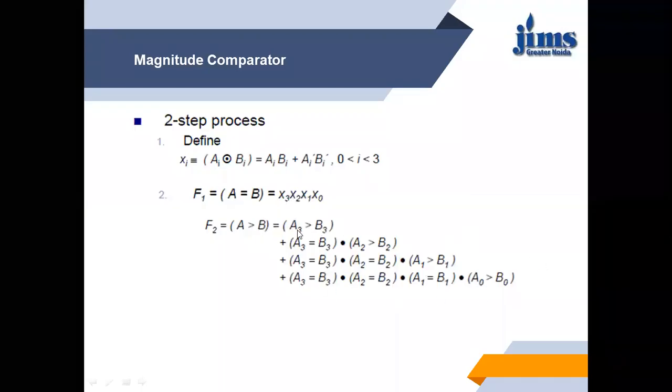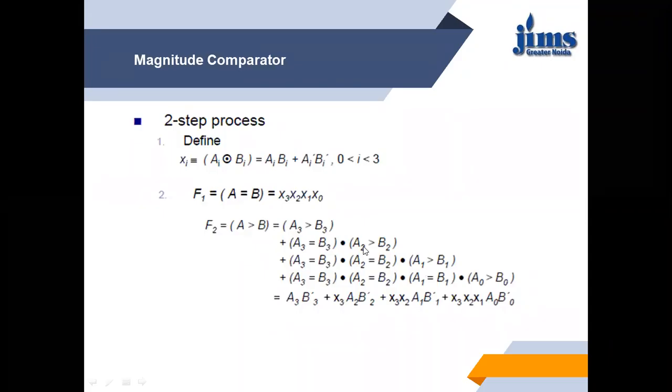If A3 is greater than B3, that means A3 should be 1 and B3 should be 0. So we can write the logic A3 B3 bar. If this condition is not satisfied, that means A3 equals B3, that means X3, and A2 B2 bar, meaning A2 is 1, B2 is 0.